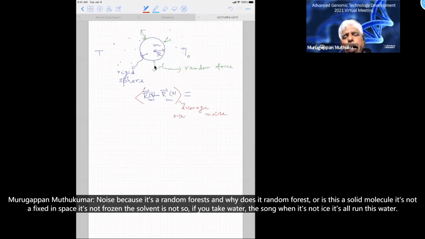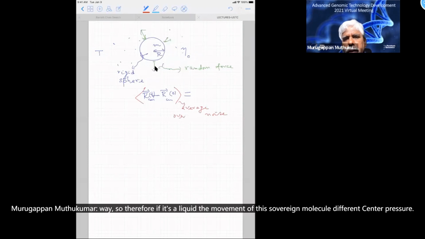And why does a random force arise? This solvent molecule is not fixed in space. It's not frozen. If you take water, the solvent is not ice. The solvent is water. Therefore, if it's a liquid, the movement of this solvent molecule depends on temperature.